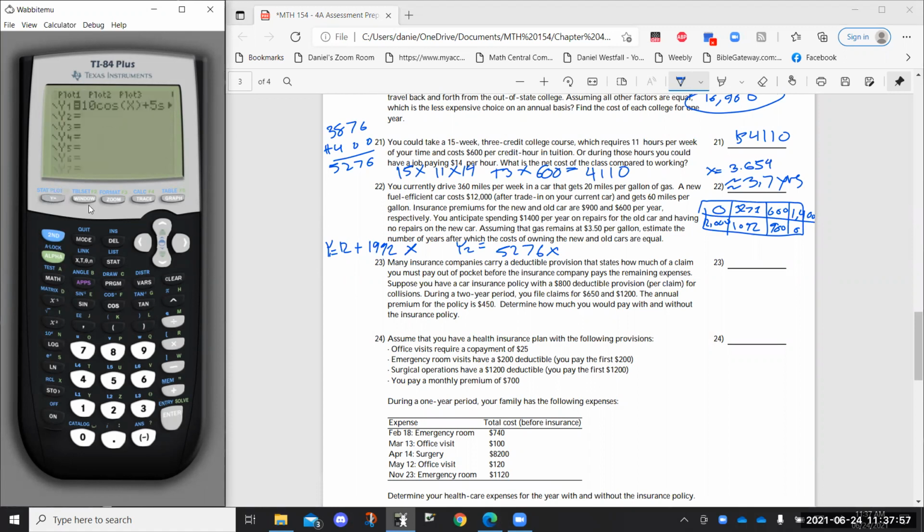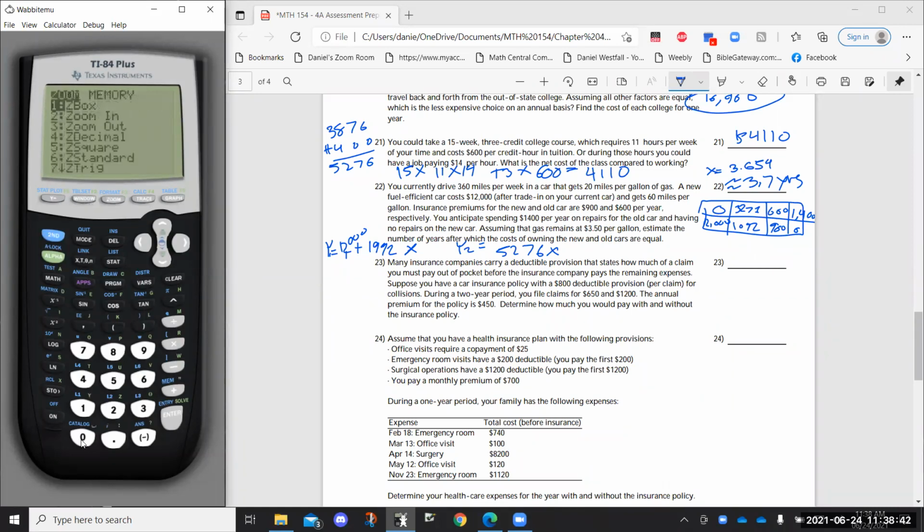Y equals, and let me put this in the calculator for you: these two equations were 12,000 plus 1992X, right? And the second equation is 5276X.